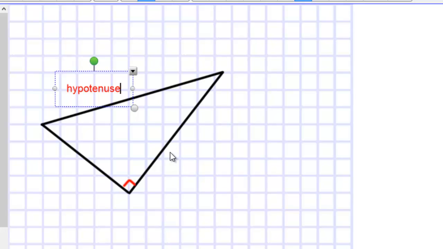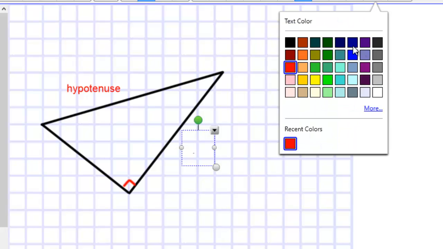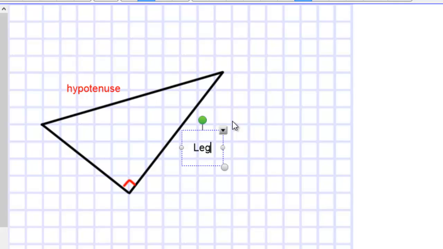What about the other sides, this side and this side? Because they are opposite to angles less than 90 degrees, we're going to call them leg 1 and leg 2. Here I'm going to change the color to black, and I write leg 1, and on the other one leg 2.